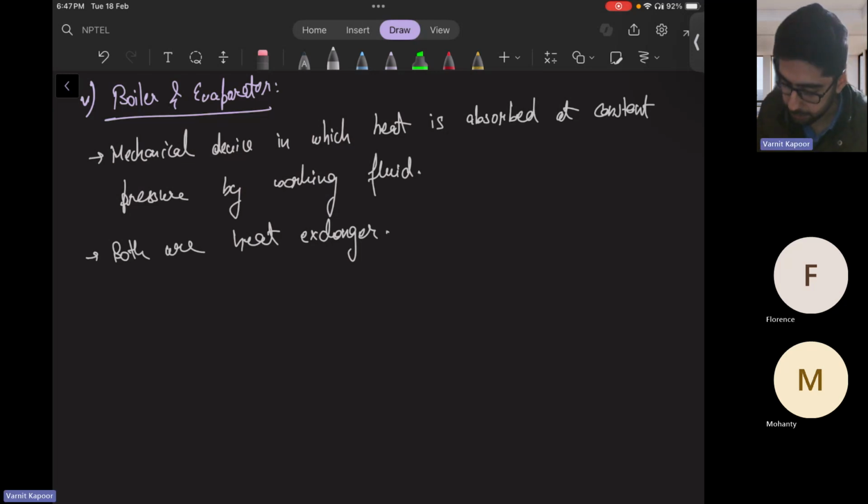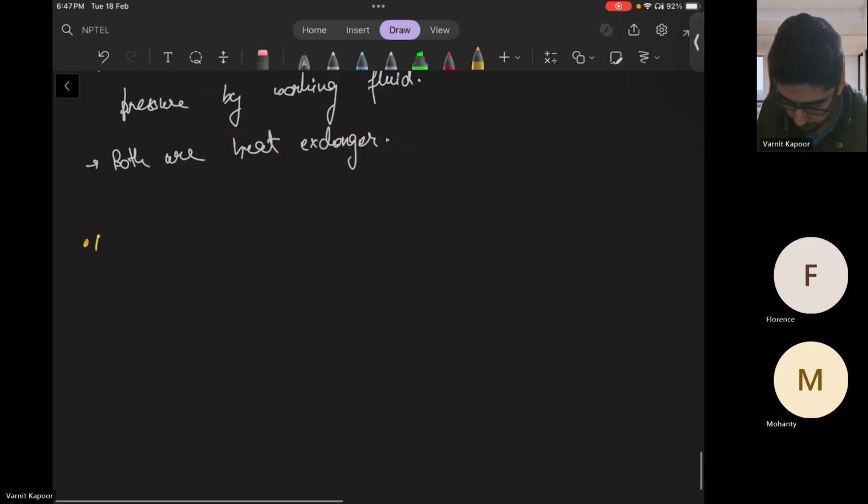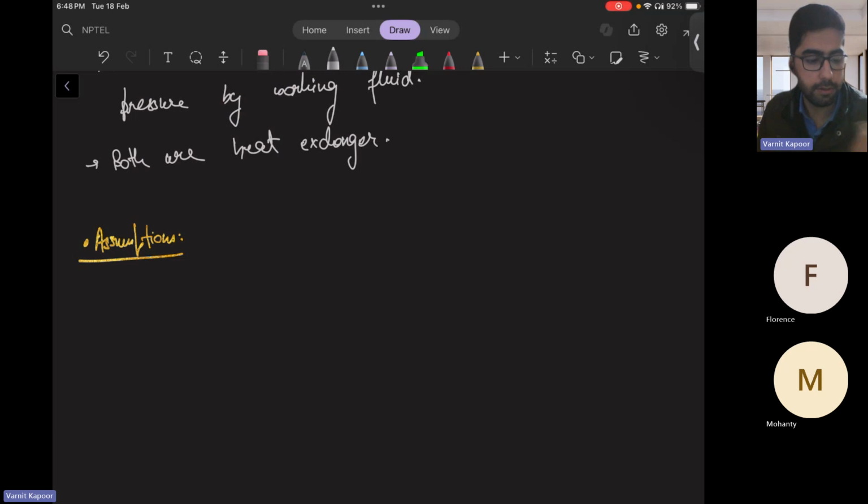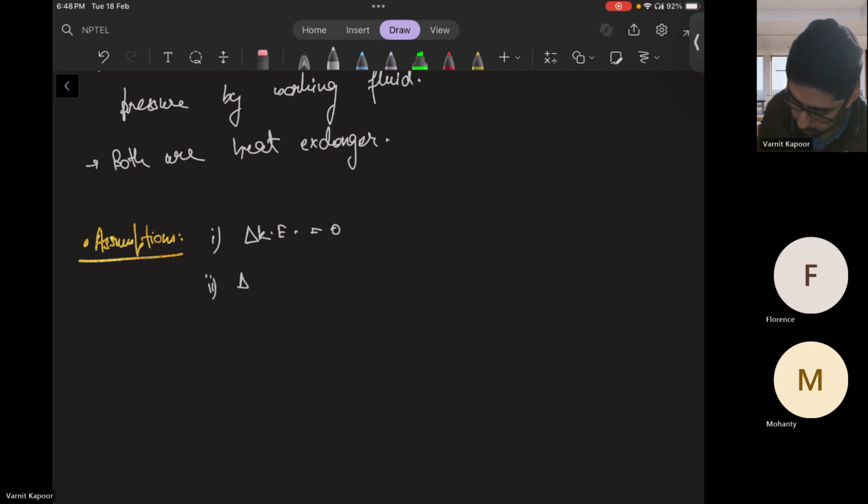So again, you will make some assumptions here. That the kinetic energy change is 0, potential energy change is 0, and work is 0, because from a boiler or evaporator we don't extract work, only the heat change is there. So the assumptions are: change in kinetic energy is 0, change in potential energy is 0, and work is 0.